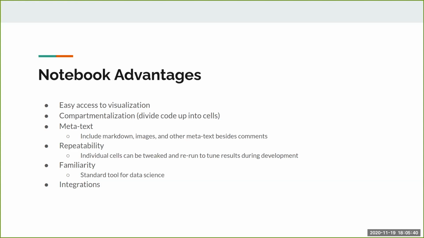A lot of data scientists have familiarity with various types of notebooks already. And then notebooks also come with their own various integrations and tools. Like IPython Notebooks has, I think it's called Voila, which can export your notebook to a web page in order to give other people access to your results.